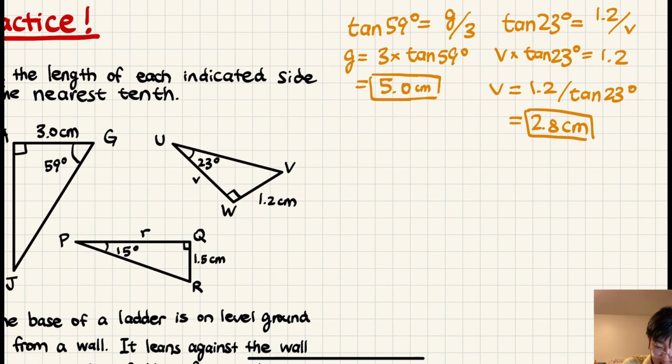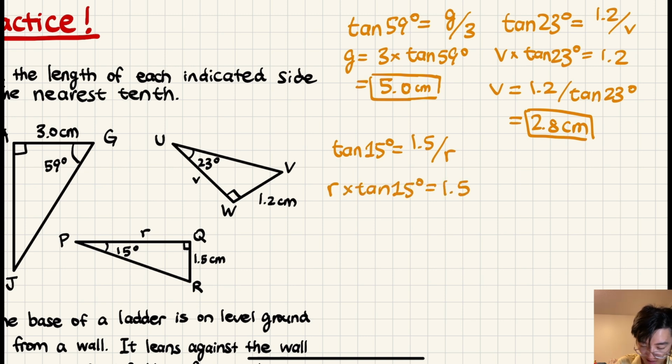Okay, so lastly, we'll look at r here. The angle we have the information of is the 15 degrees right here. Opposite is 1.5. The adjacent is this r. So tangent of 15 degrees is the opposite, 1.5 over r. We multiply everything by r to get rid of the annoying fractions.